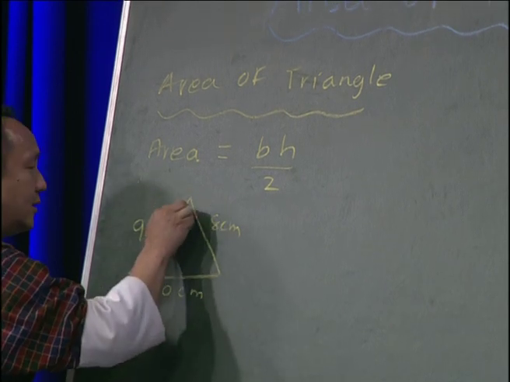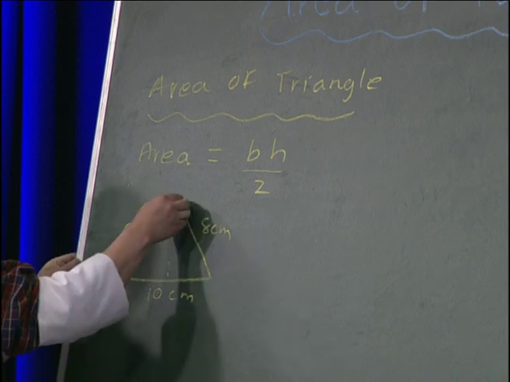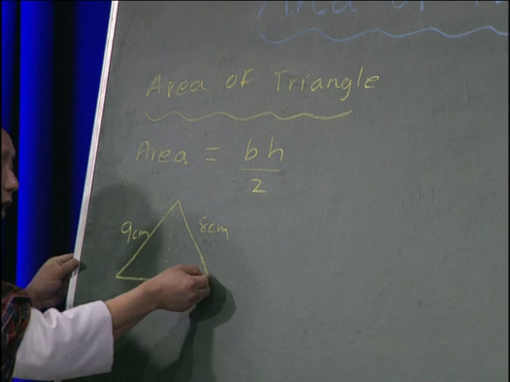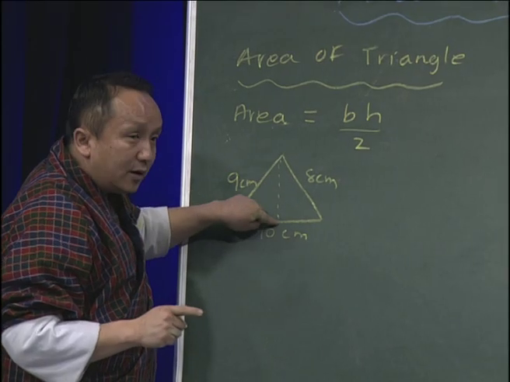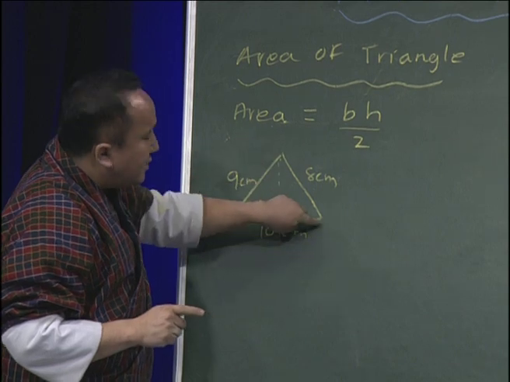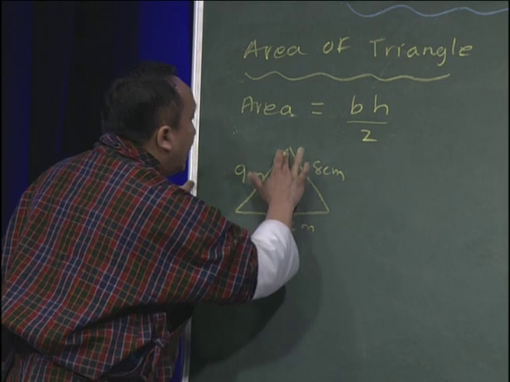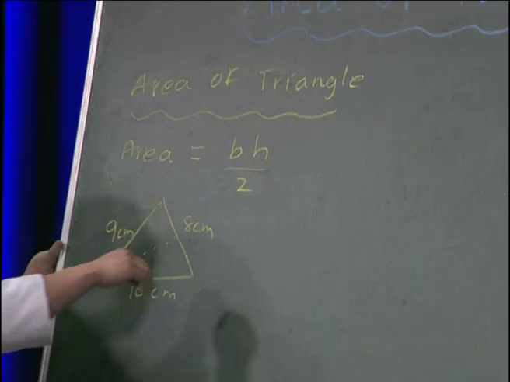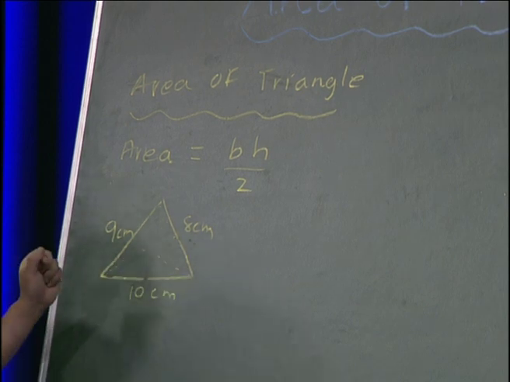And height, remember, can be constructed from this vertex, from this vertex, or from this vertex. Right now height is constructed from here. So since height is constructed here, 10 centimeter becomes the base. If height was constructed from here, then 8 centimeter becomes the base. If height was constructed from here, 9 centimeter becomes the base.